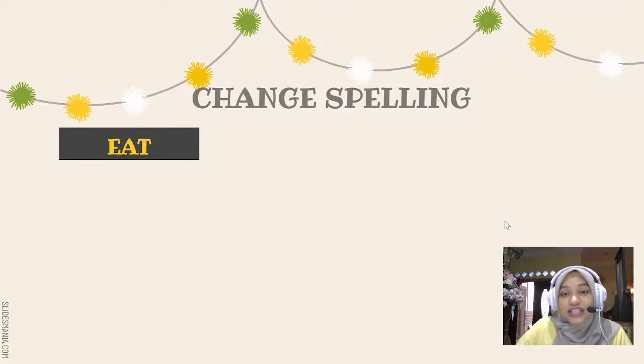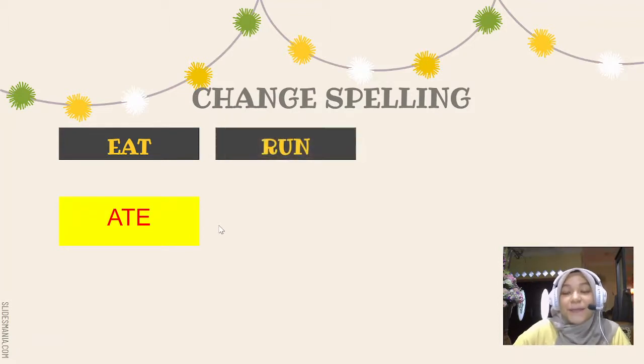The next one, change spelling. What change spelling means is the whole word, the whole verb that you write will change to another new spelling. For example here, eat will become ate. You see, these two have different spelling. The next one, run becomes ran.